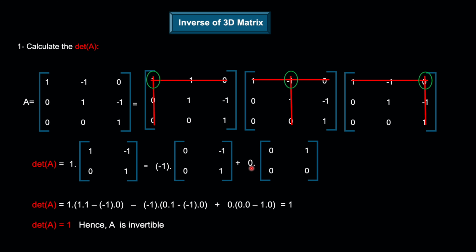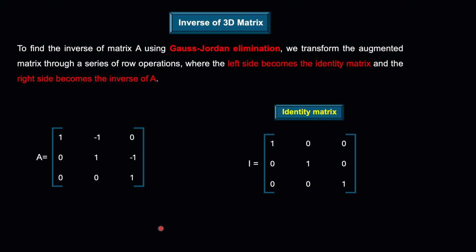Plus 0, we don't touch it, 0 times 0 minus 1 times 0. Since here we have a product with 0, it is 0. Here also it is 0. Finally we have 1 multiplied by 1 is 1, and multiplied by 1 again it is 1. So finally you get 1. Since the determinant of A is equal to 1, A is invertible, and we calculate the inverse.